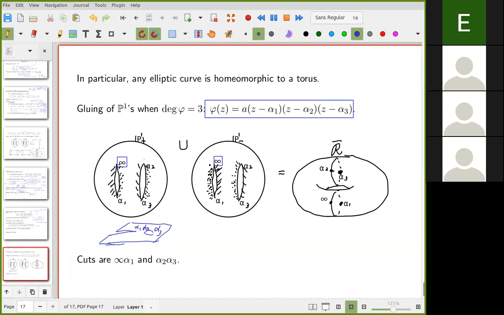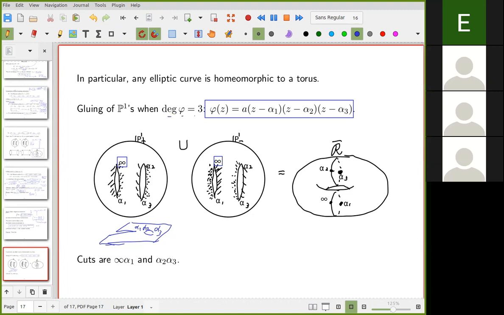In other words, it's P1 with two cuts, one of which has infinite length. And they are glued to a torus.